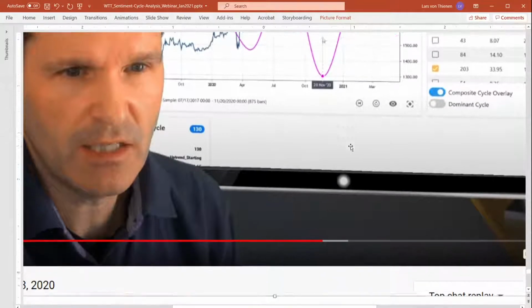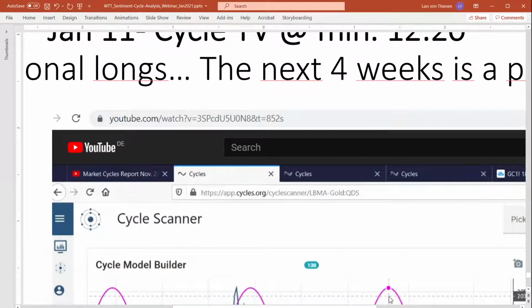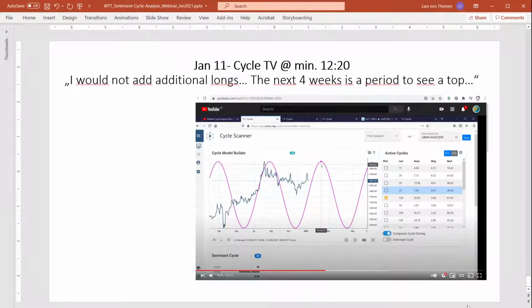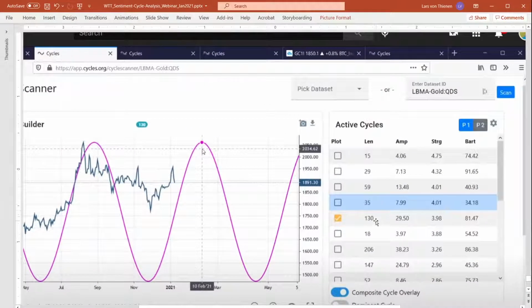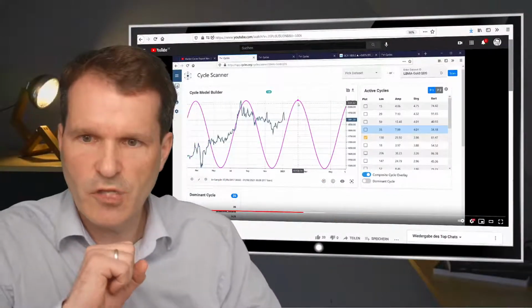And if we then go back into the January session, you see this cycle which was being used here was with a length of 130. So at least it's more or less the same cycle which is there again, and the same what I try to tell you for the treasury bonds.